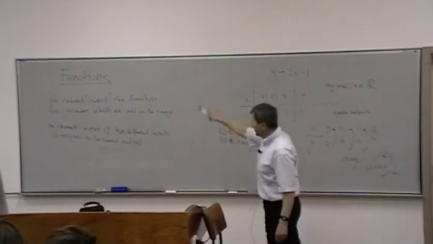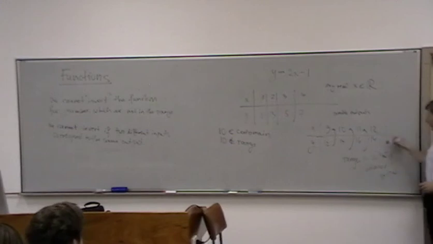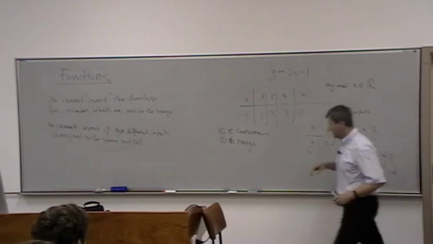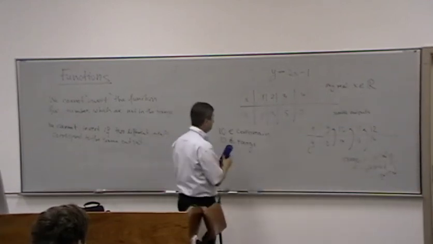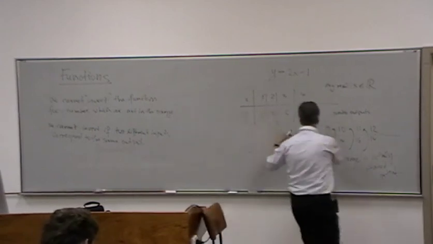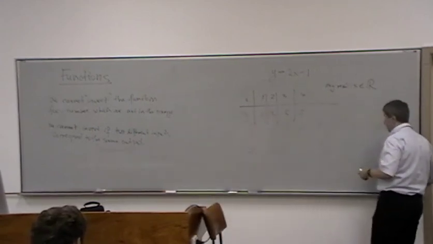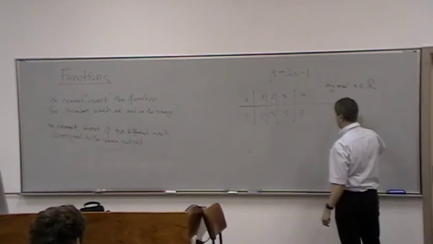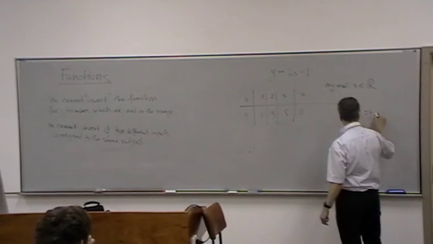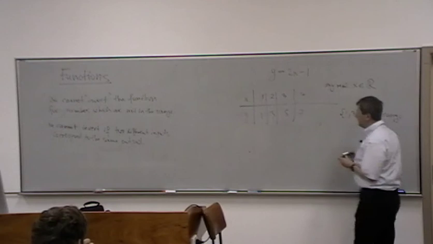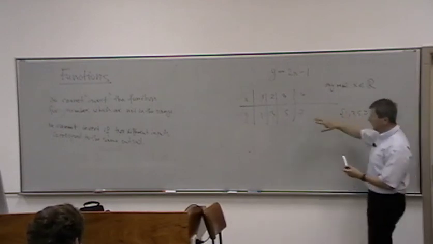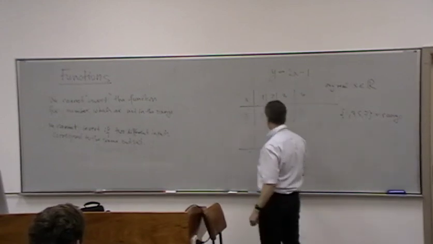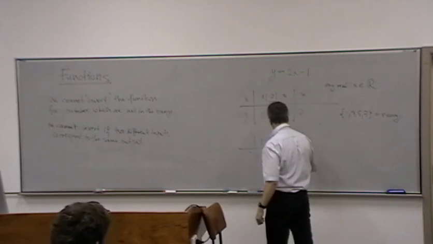If neither of these obstructions occurs, we can invert the function just by going backwards, which is what we can do in this example. If, say, our codomain is the set of 1, 3, 5, 7, the range, then we can define an inverse function just by swapping these two lines. So what has happened? We have 1, 3, 5, and 7 now as inputs.